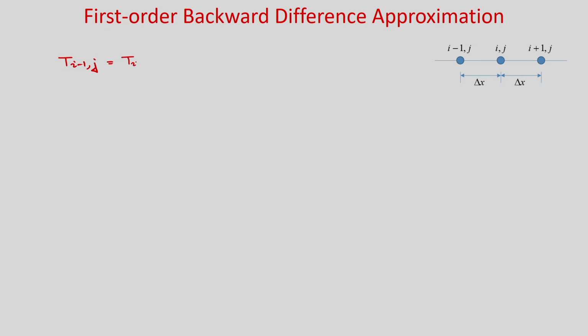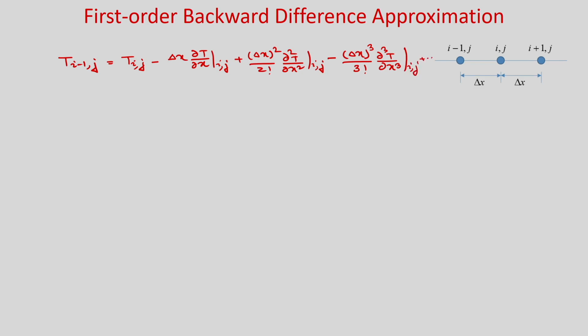You can express it in terms of T i j minus delta x del T by del x at i j plus delta x square by factorial 2 del 2 T by del x square minus delta x cube by factorial 3 del cube T by del x cube at i j and other terms.